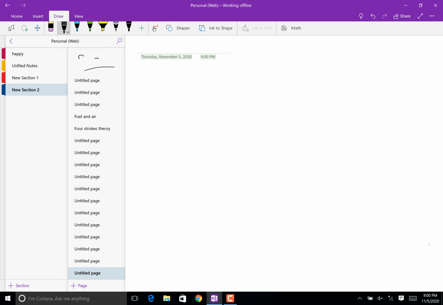Now, it turns out that it has a bore of 8.5 centimeters, and it has a stroke of 7.5 centimeters. And it's a 4-cylinder engine.